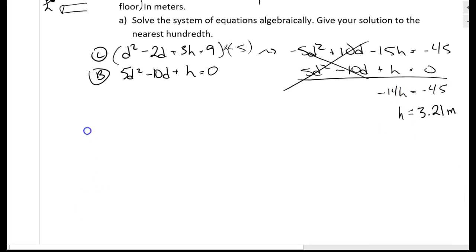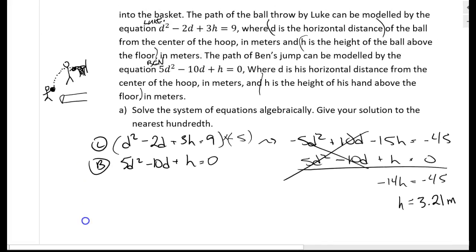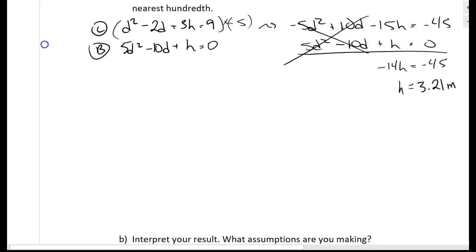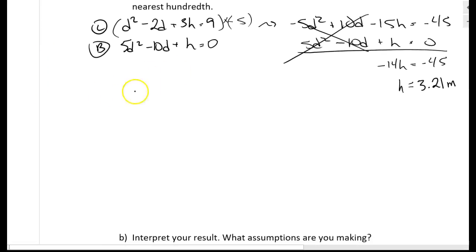Now, where is this happening? Remember d is the distance from the center of the hoop. So right here is when d equals 0. Just remember that. So we plug in h into one of these two equations. I'm going to go with the one with fewer coefficients, so back into Luke's equation.